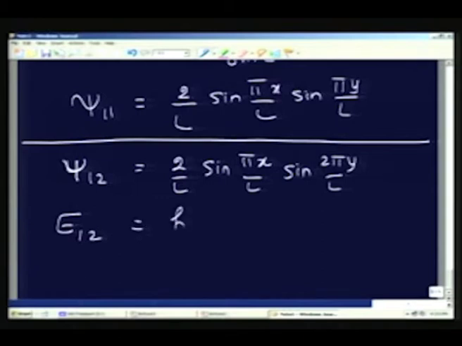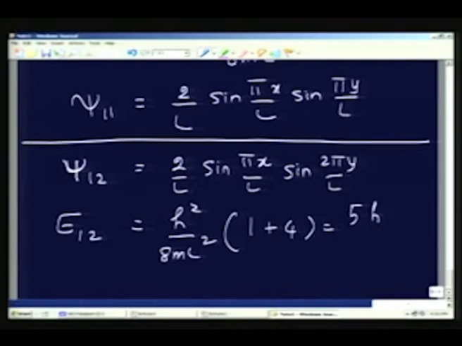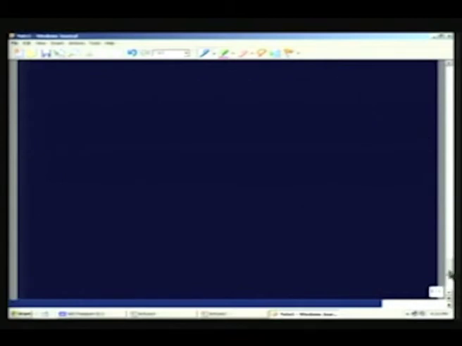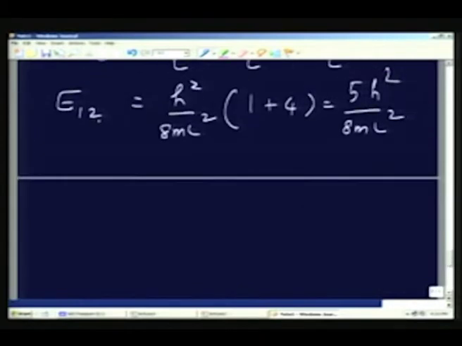It is h square by 8 m L square times n1 square, which is 1, plus n2 square, which is 4, so you get 5 h square by 8 m L square. This is for n1 equal to 1, n2 equal to 2.